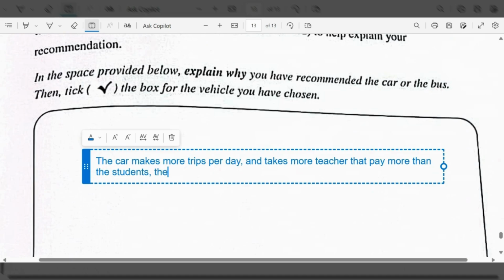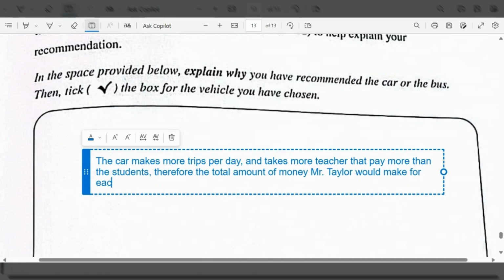Therefore, the total amount of money Mr. Taylor would make each day would be more if he was to purchase the car.